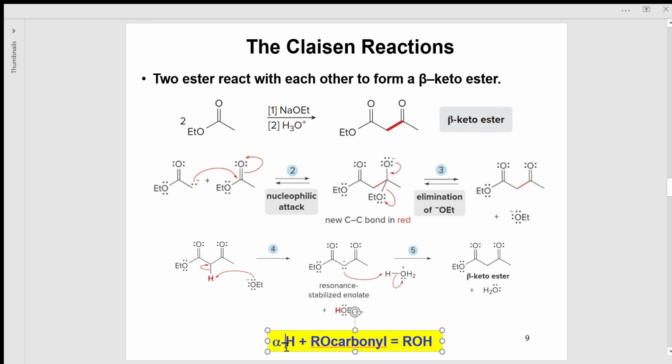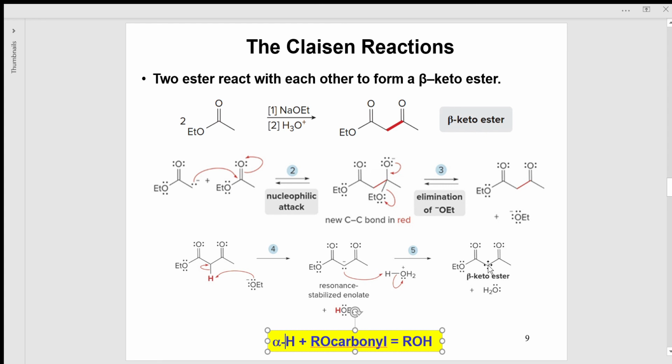And one alpha hydrogen, actually from the left side, one of the hydrogens here, CH3 here, turns to CH2 here.